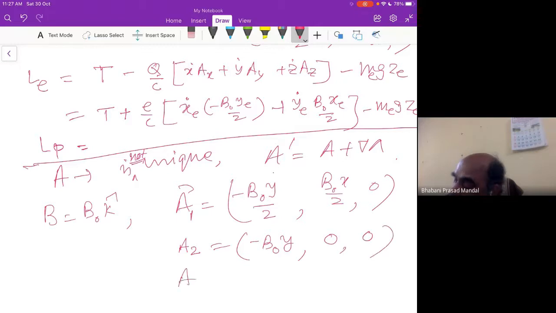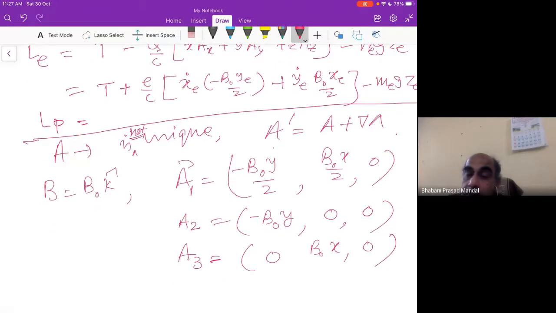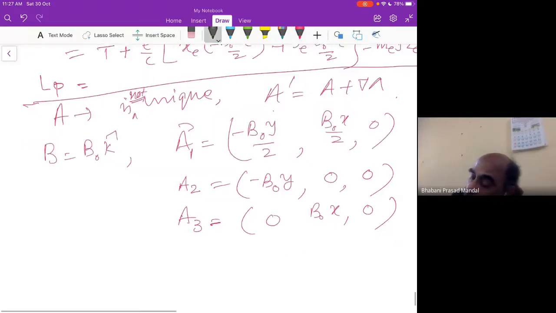I give another vector potential, A3, equal to 0, B0 x, and 0. Now calculate the magnetic field for all three.